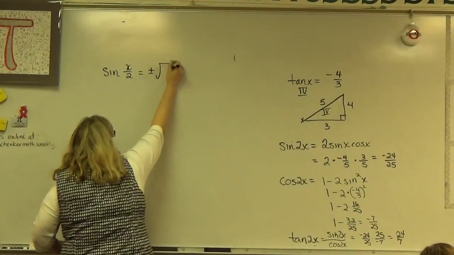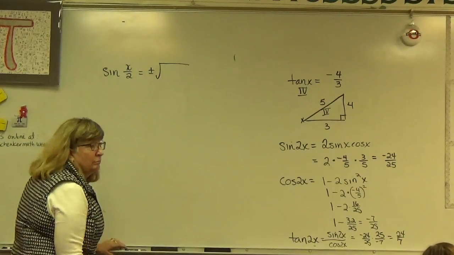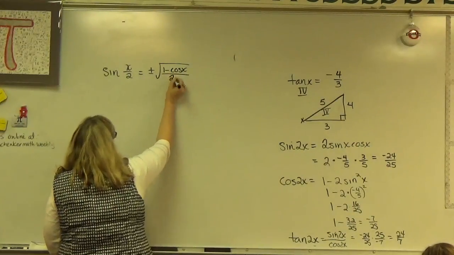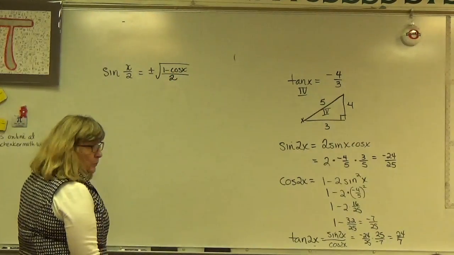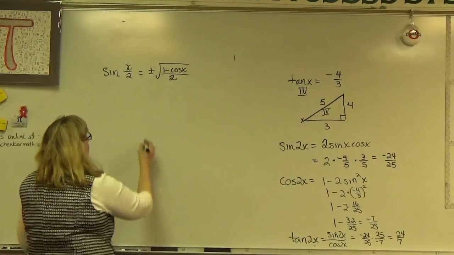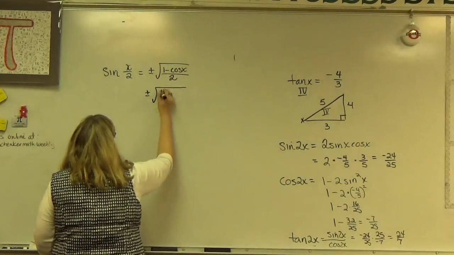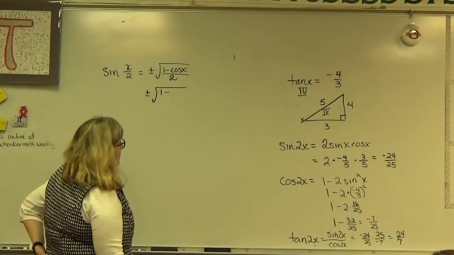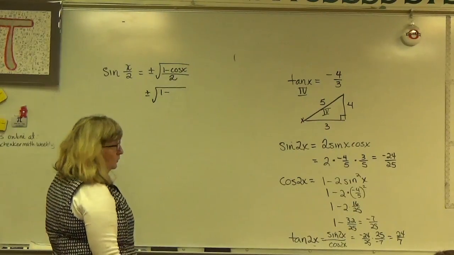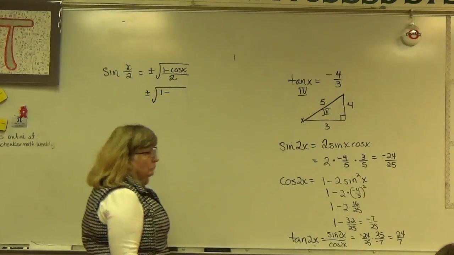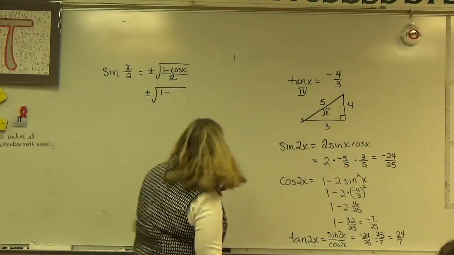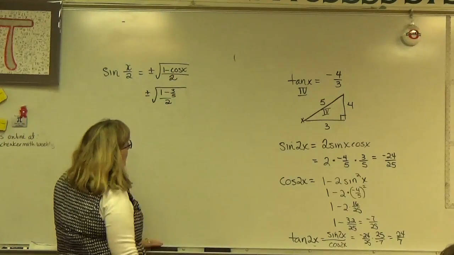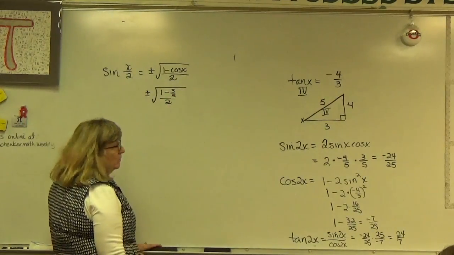What's the formula for sine of a half angle? Positive or negative square root of (1 minus cosine) over 2. Okay, so we just put our information in. What's the cosine of this angle? 3/5. What's 1 minus 3/5? Does the sign matter?